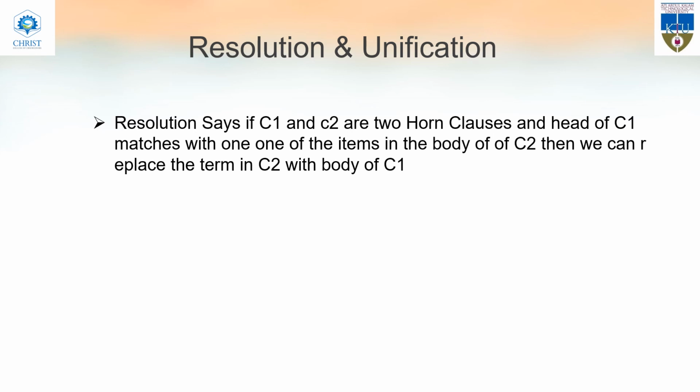items of the body in C2, then we can replace the term in C2 with the body of C1. That is, if there are two Horn clauses, let them be C1 and C2. C1 is a Horn clause and C2 is a Horn clause. This is just an example.